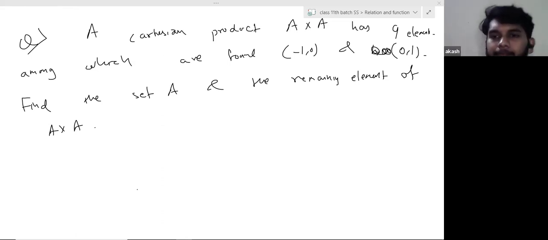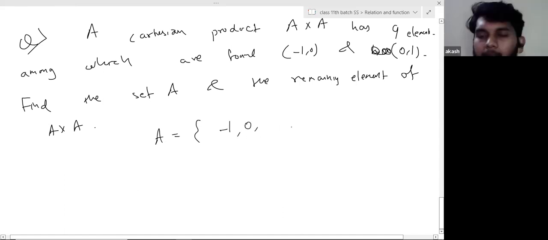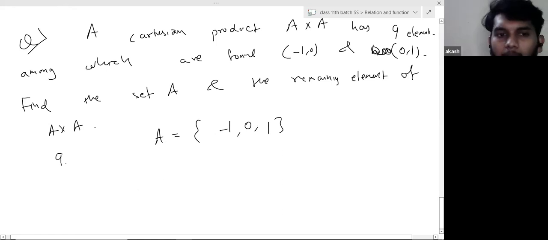Done, everyone? Yes, sir. So what are the elements of A? -1, 0, and 1. All right. How did we come to this conclusion? Since A into A has 9 elements, A square equals 9, so A would have 3. See, but it can be 9 into 1 also.